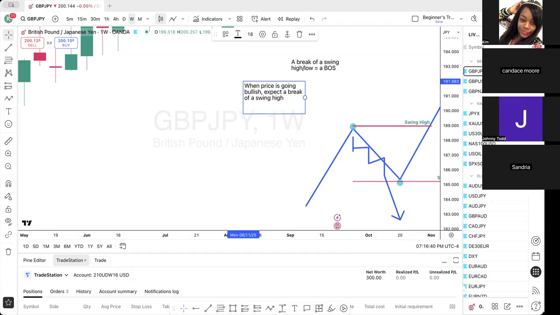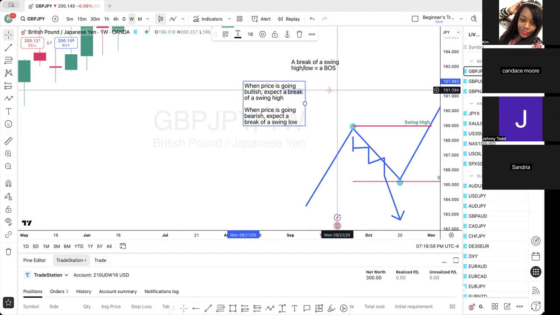Okay. And then when price is going bearish, expect a break of a swing low.